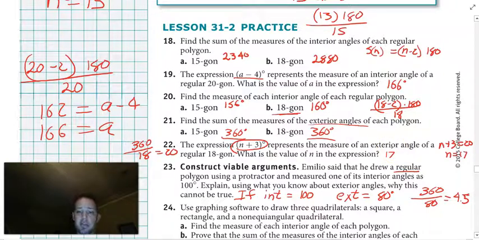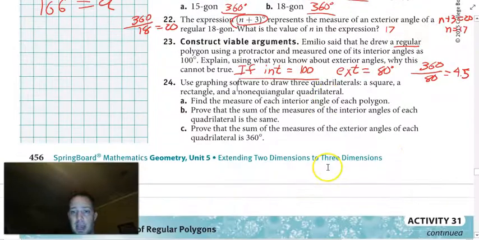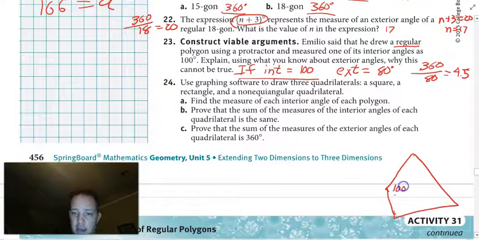For 23, Emilio said that he drew a regular polygon using a protractor and measured one of the interior angles as 100 degrees. Explain using what we know about exterior angles why this cannot be true. So if he measured an interior angle of 100 degrees, then the linear pair that was created with that has to be, he drew a 100-degree angle right here. The linear pair, the exterior angle, has to be 80 because it has to be supplementary.